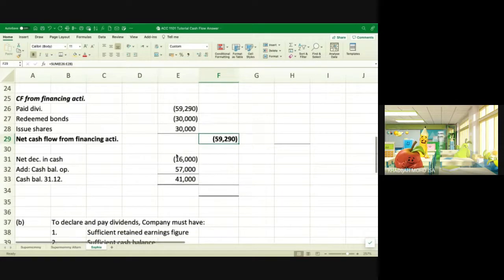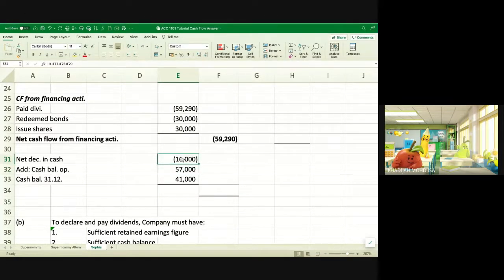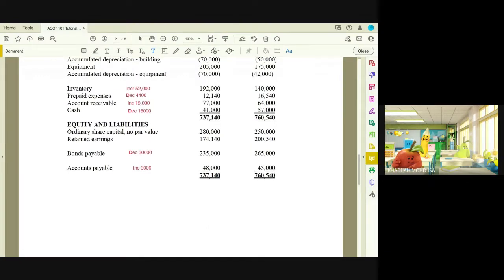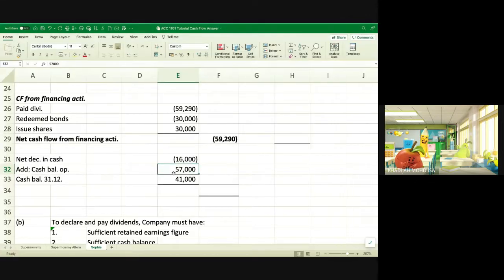All right, you can see that, in other words, if I were to have the opening balance, you have information on cash. Opening it was 57,000, closing 41,000, so you should have changes of 16,000.